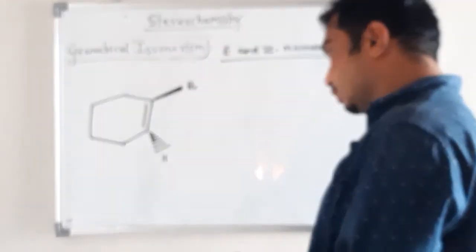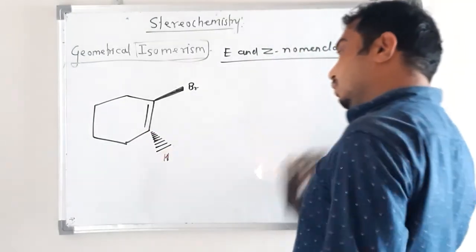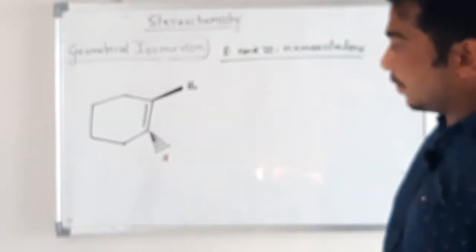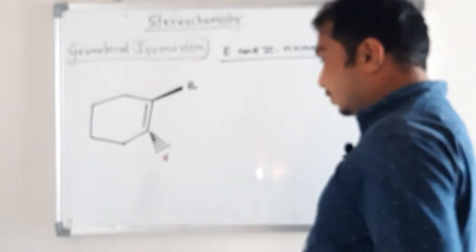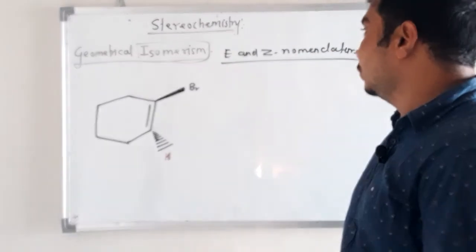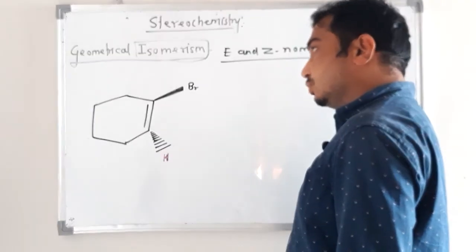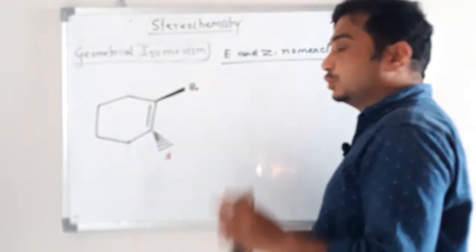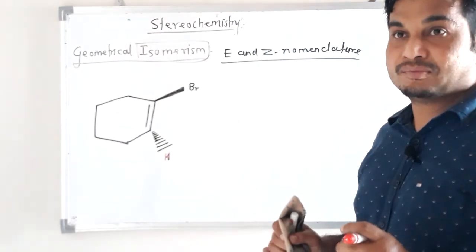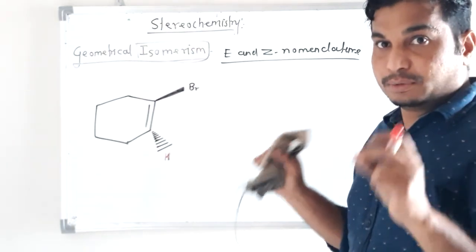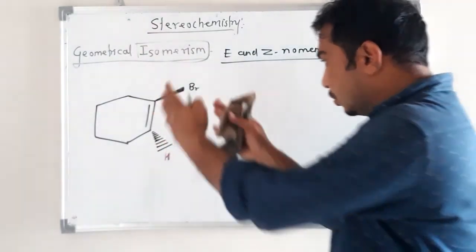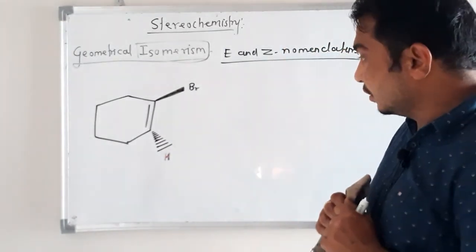Hydrogen. Now for this compound we have to give E and Z nomenclature. So E and Z nomenclature is given only to double bonded compounds. Remember, now we have to focus on the double bond. Okay, what we have to do?